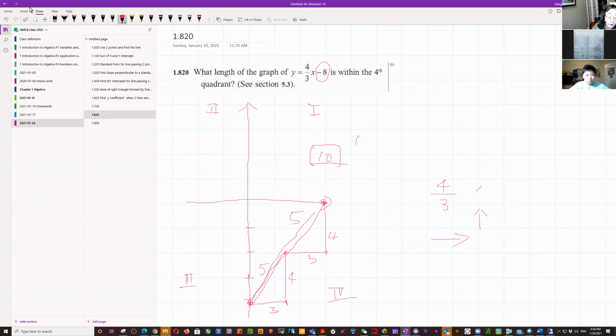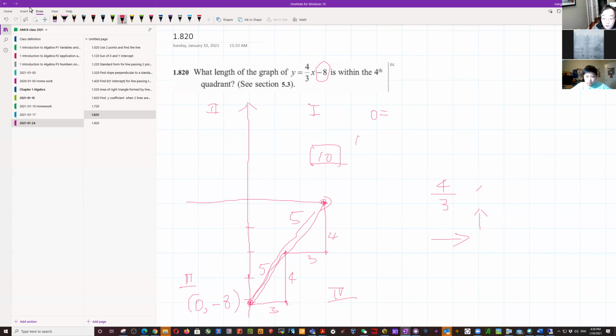And let me do the second way. The second way to calculate it is that you know the point (0, -8). Then I can calculate the x-intercept. The x-intercept is found by setting y to 0.